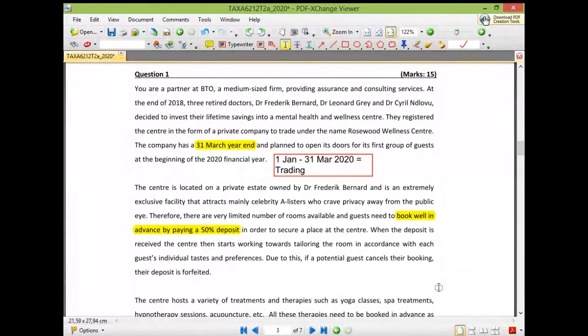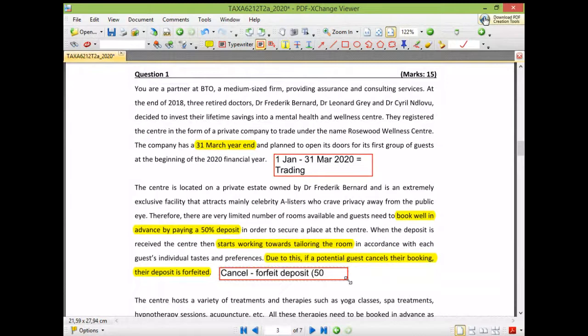Then they tell you when the deposit is received, the center starts working on tailoring the room according to each guest's individual tastes and preferences. Due to this, if a potential guest cancels their booking, the deposit is forfeited. So that is what you had to see out of that.